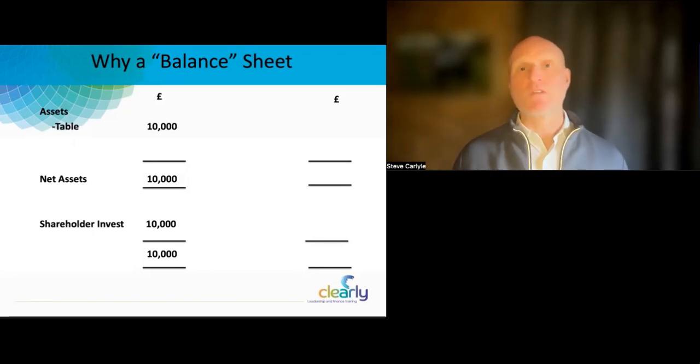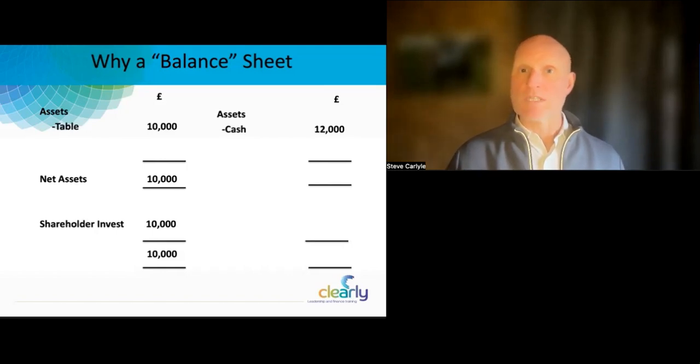In the first month of trading, Jemima goes and sells that table, and she sells the table for £12,000. So she's actually made a £2,000 profit. She bought it for £10,000. She sells it for £12,000, and it's £12,000 in cash. So at the top of the balance sheet now, instead of having the table there, we'll actually have cash as an asset of £12,000.